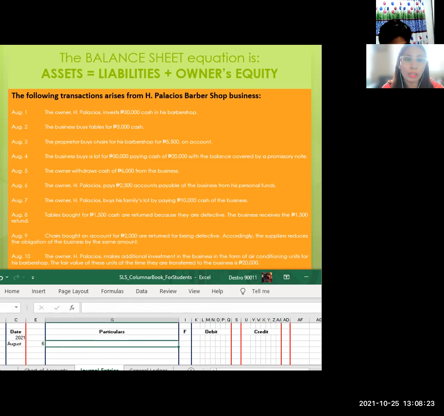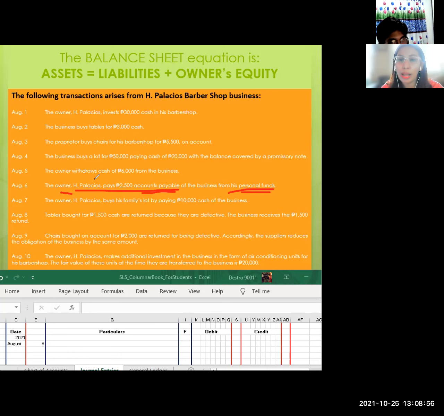So we'll continue. August 6, the owner H. Palacios pays 2,500 accounts payable of the business from his personal funds. So for number 6 transaction, the owner wants to lessen the obligation or the payable amount to other parties from his personal funds. Again, find keywords that will help you identify accounting titles or the accounts.